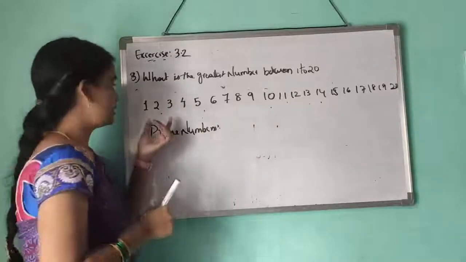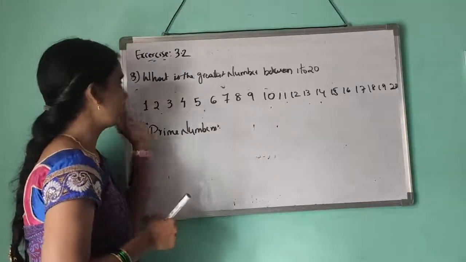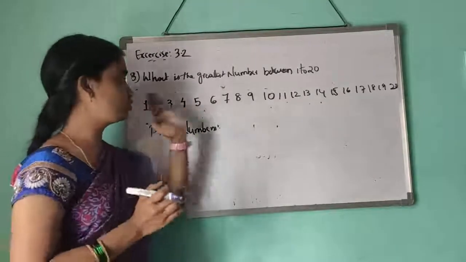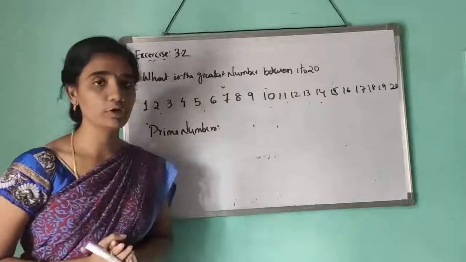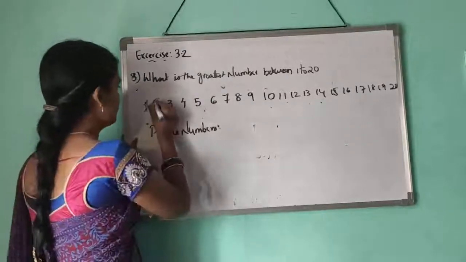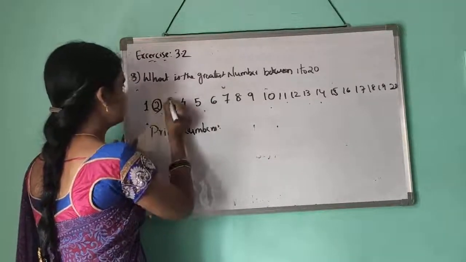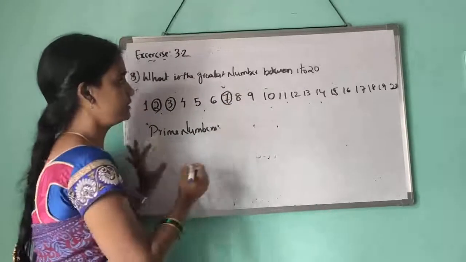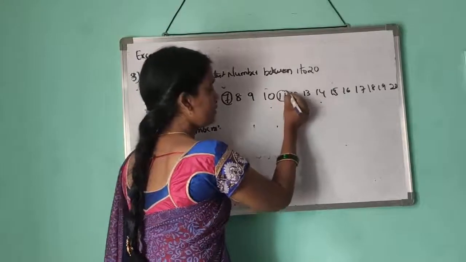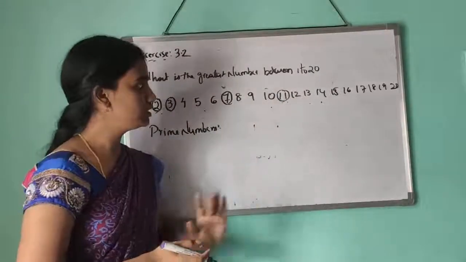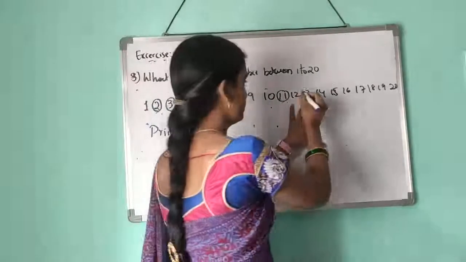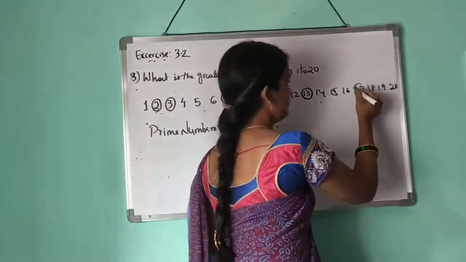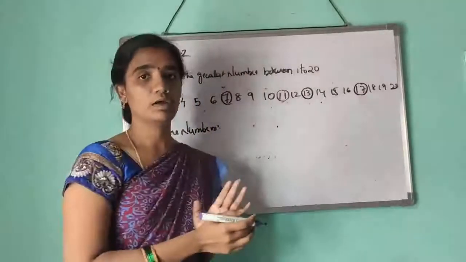That means these numbers have a unique identity. Which numbers from 1 to 20 are not divisible by any table? 2 is only divisible by the 2 table, 3 is only divisible by the 3 table, 7 is only in the 7 table, 11 is also the 11 table, 13 is also the same unique table, 17 is also the same, 19 also.